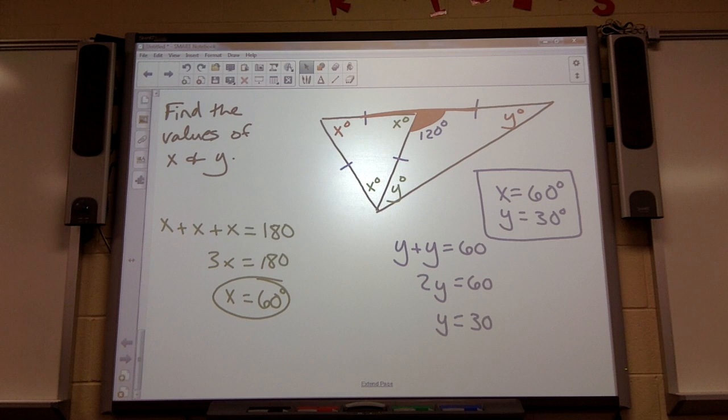Okay, now, so far up to this point, we have 4 different ways that we can use to prove that triangles are congruent.